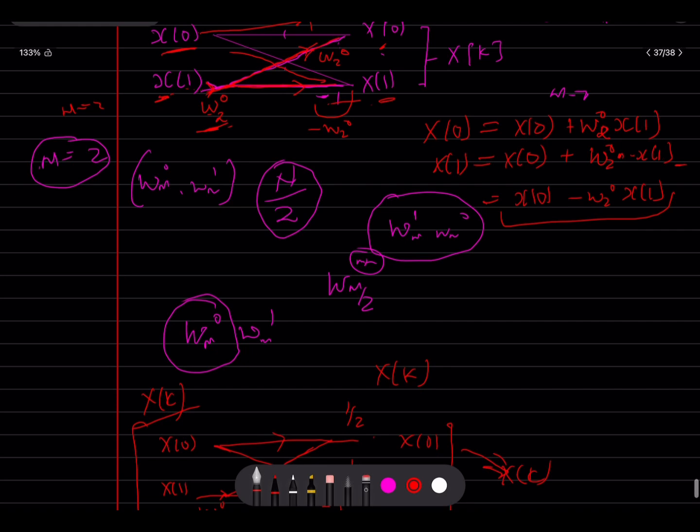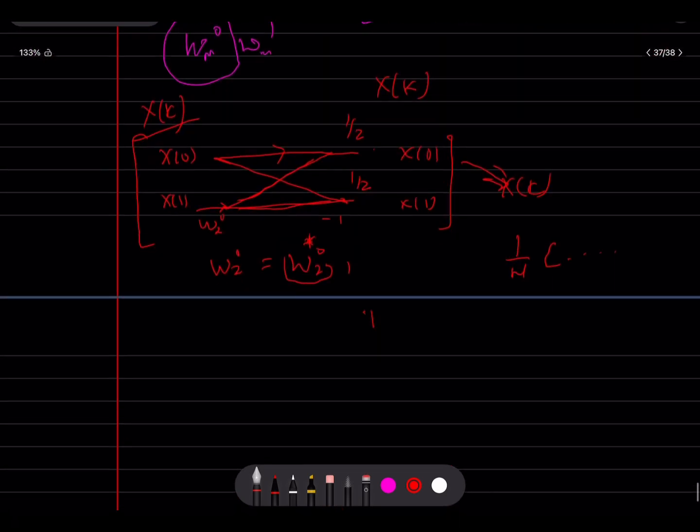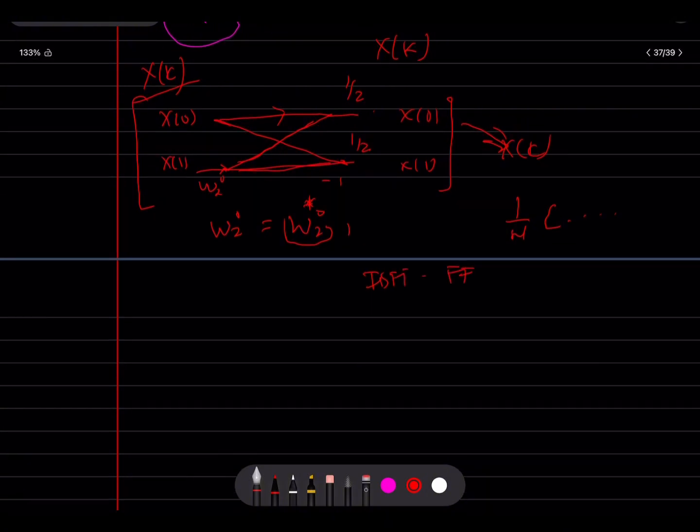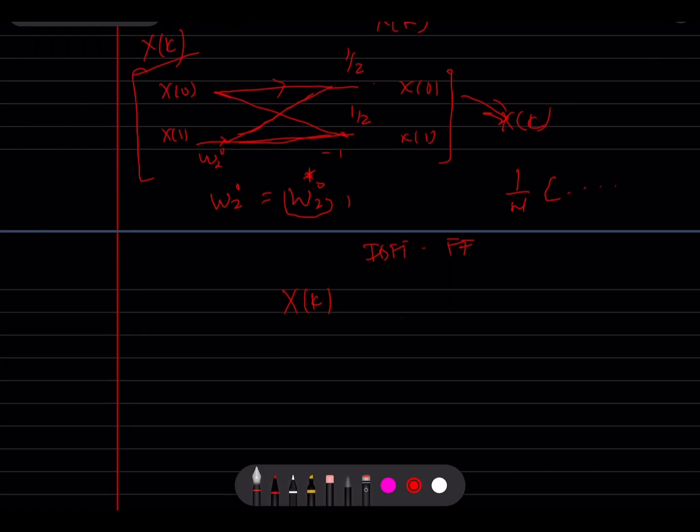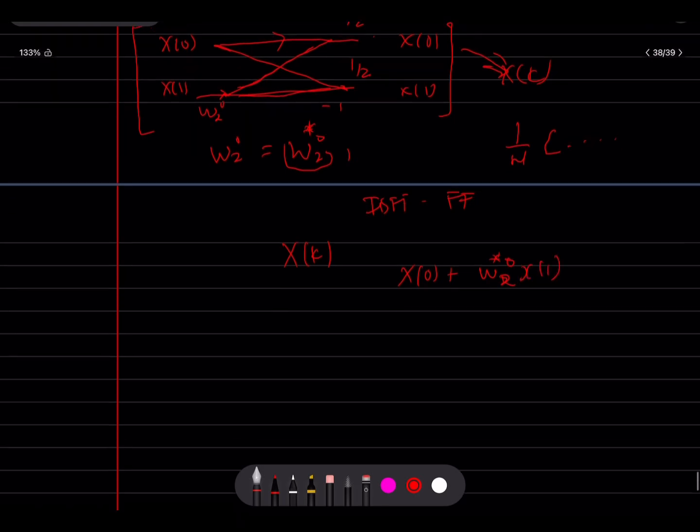In case it is the inverse IDFT FFT using this algorithm, as I said, this S of k will be our input, and therefore with the same procedure, we get x of 0 plus the conjugate of omega 2 of 0 times x of 1, and at the same time x of 0 minus the conjugate of omega 2 of 0 times x of 1.